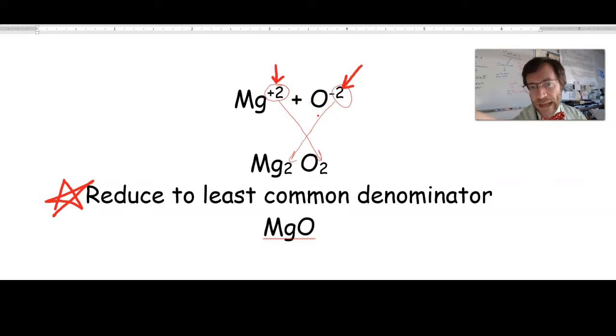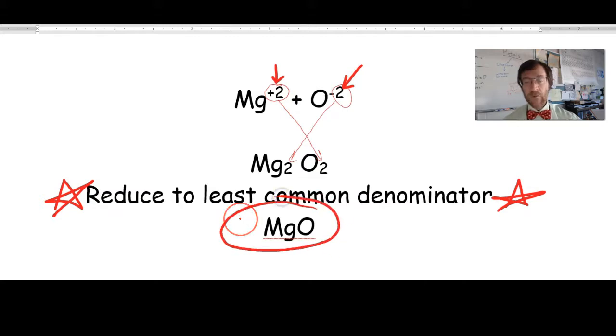We only need 1 magnesium to cancel out the oxygen, and we only need 1 oxygen to cancel out the magnesium. So this is the one failing of the crossover method, is that you must simplify. You have to first cross over and then simplify, and then you're golden every single time, as long as you check the simplification, because this is the proper ratio. The ratio is 1 magnesium to 1 oxygen.